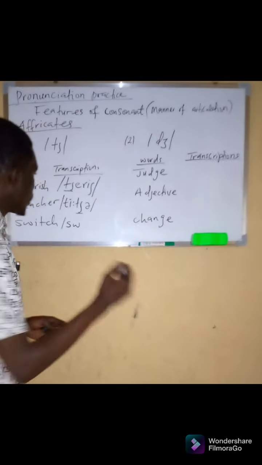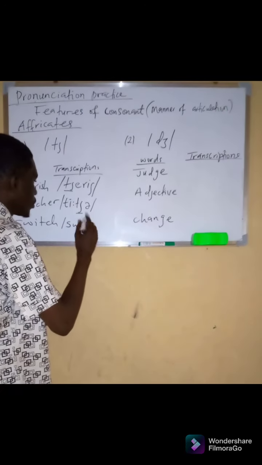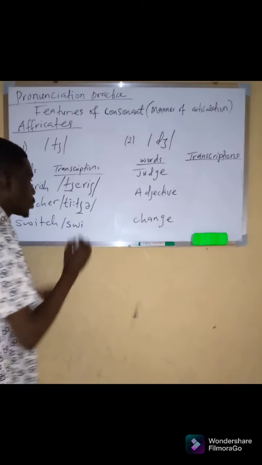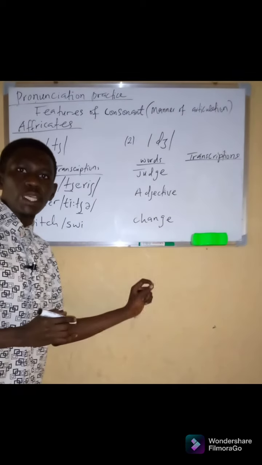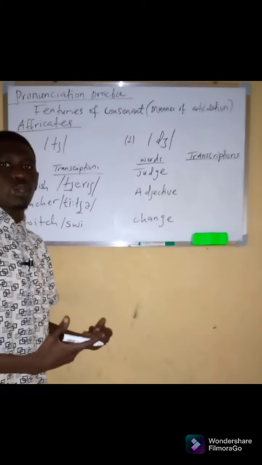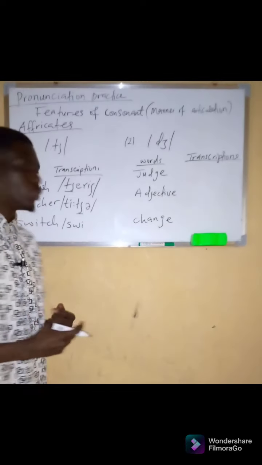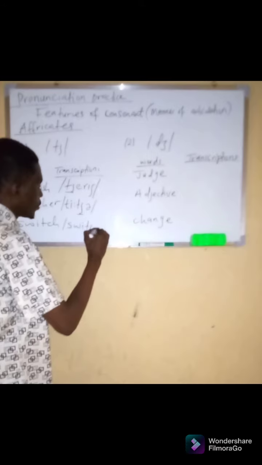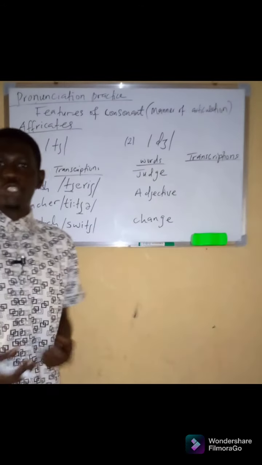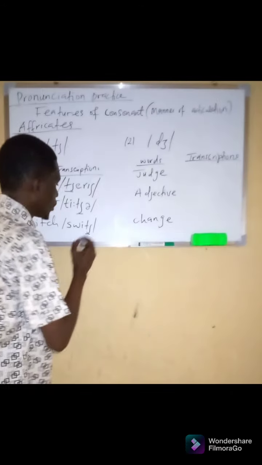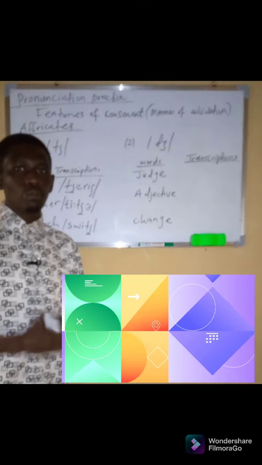Switch. So it is a short i sound. So now we have swi. What we have next is the ch sound to complete the transcription of the word switch. So we have switch, with the ch sound at the final position.